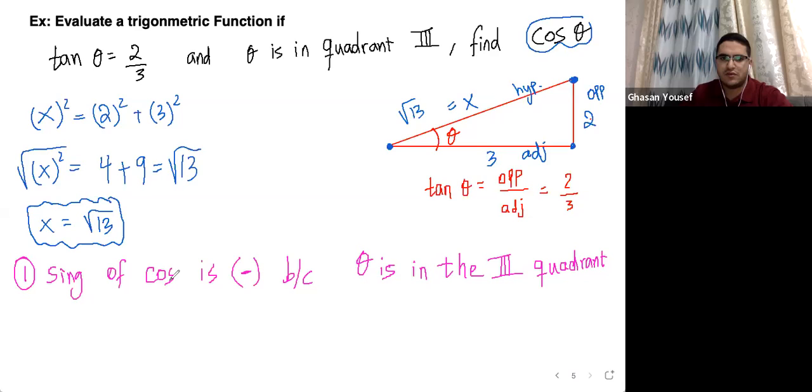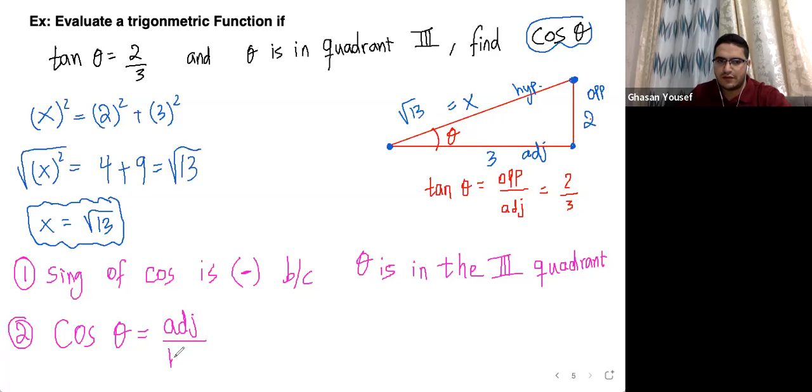So the sign of cosine is negative. Now, second step, we have to find the cosine. The cosine of theta equals what? By using the right triangle, it equals the adjacent over the hypotenuse.